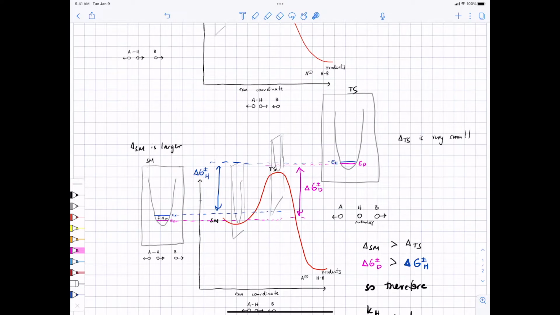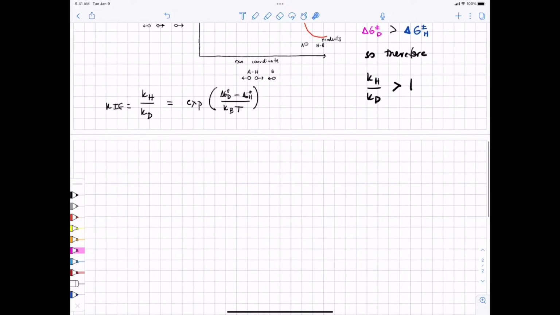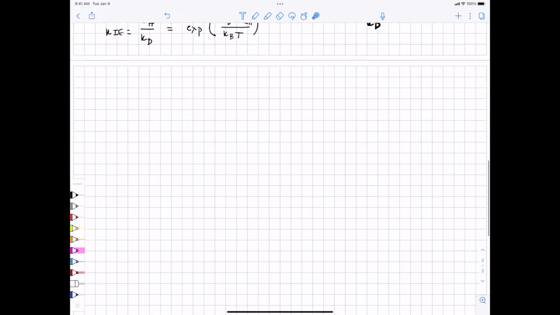We talked about how these are examples of bond breaking. We said changes in hybridization can cause secondary kinetic isotope effects. We said that those secondary kinetic isotope effects can either be normal, meaning greater than 1, or inverse, meaning less than 1.